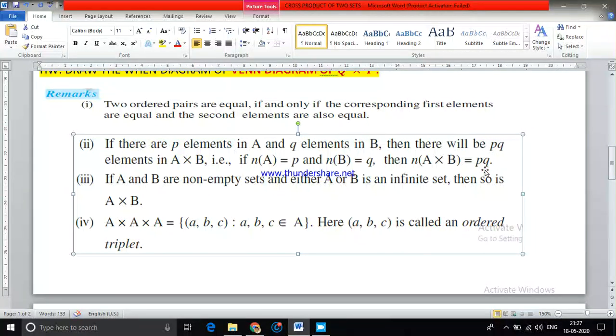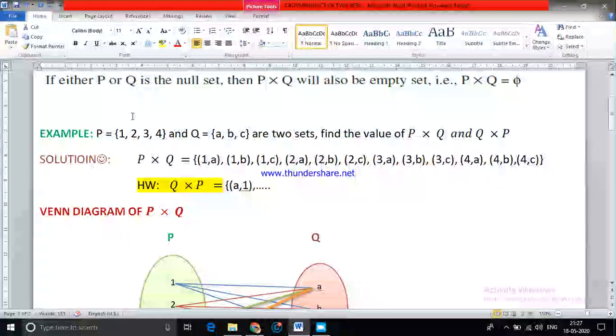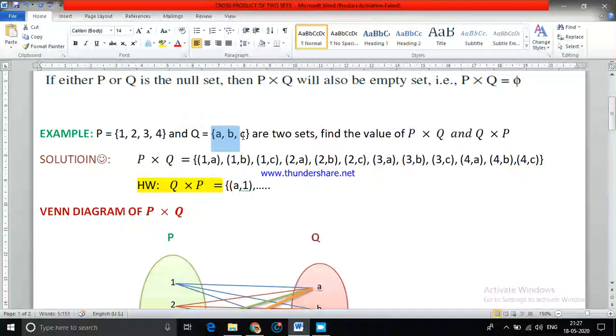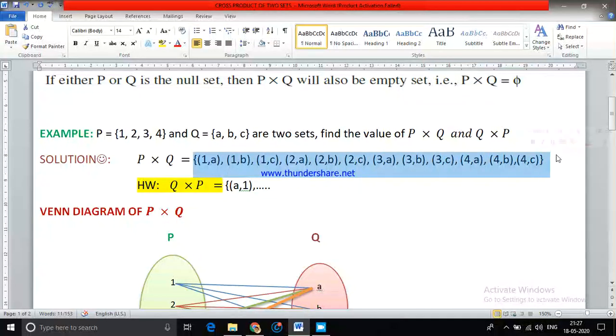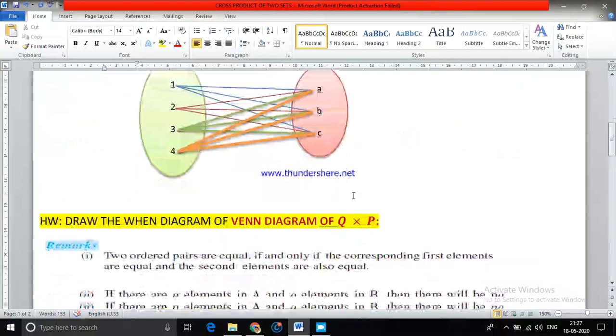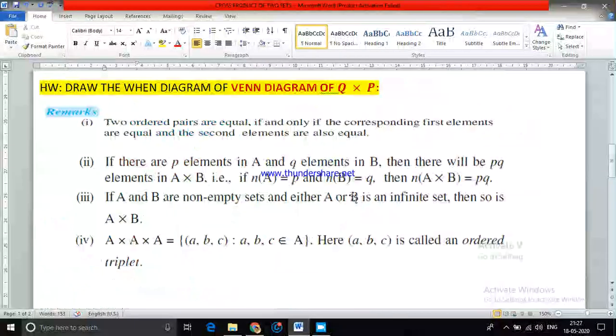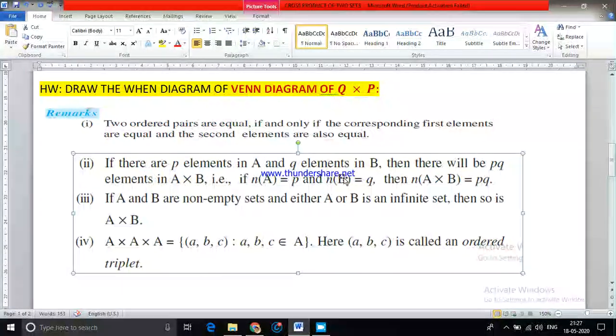In this example, if P has 4 elements and Q has 3 elements, so P cross Q is 4 into 3, 12 elements. If you want, you can count all these numbers; there will be 12. Similarly, Q cross P is 3 into 4, that is also 12. So Q cross P also will have 12 elements. That is the meaning of the second property.